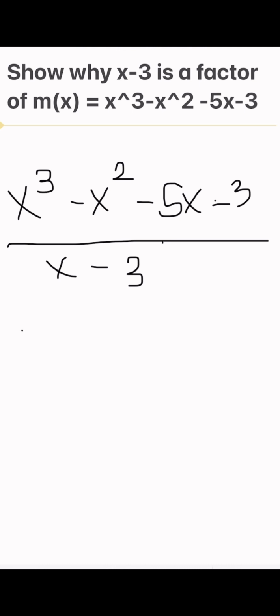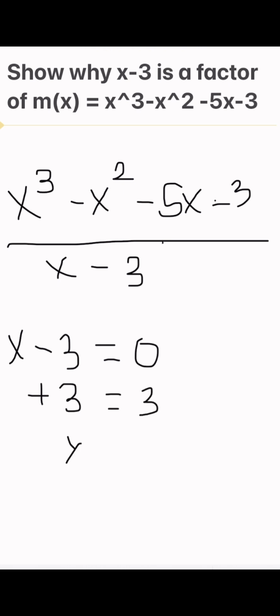So let's set it up. x minus 3 equals 0. Then to solve for x, plus 3 equals 3. So x equals 3. Now every time we see an x, we need to replace it with a 3.